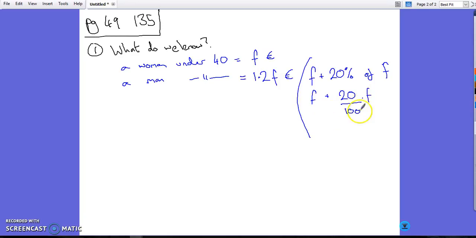If I bring this over the same common denominator, that's 100F plus 20F over 100, which is 120F over 100, which then, if I cancel, you can see that that's 12F over 10, which is 1.2F. So that's how percentage increase works. I can just use a multiplying factor here to show that.